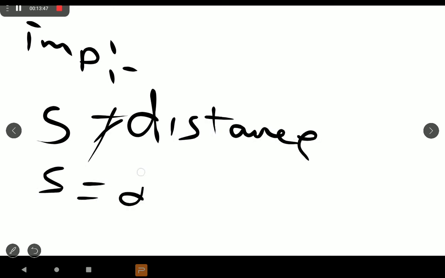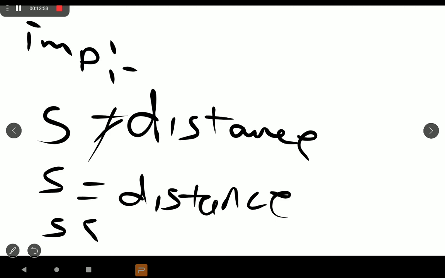Sometimes displacement and distance can be the same. Usually, displacement is smaller than the distance.